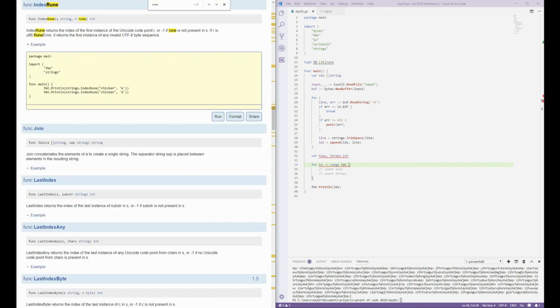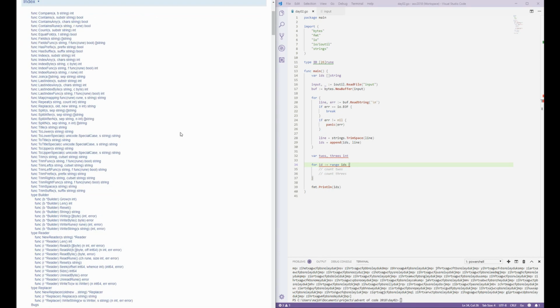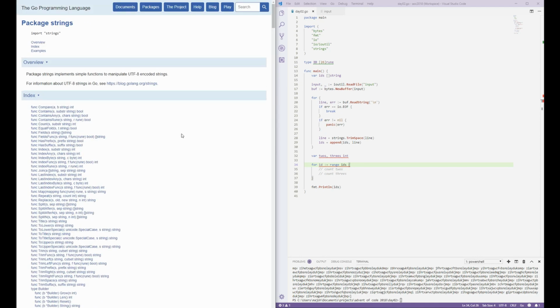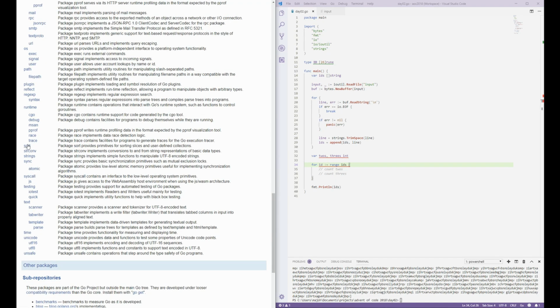Can we sort a string maybe? Sort, is that a line? Strings, let's go back to sort.